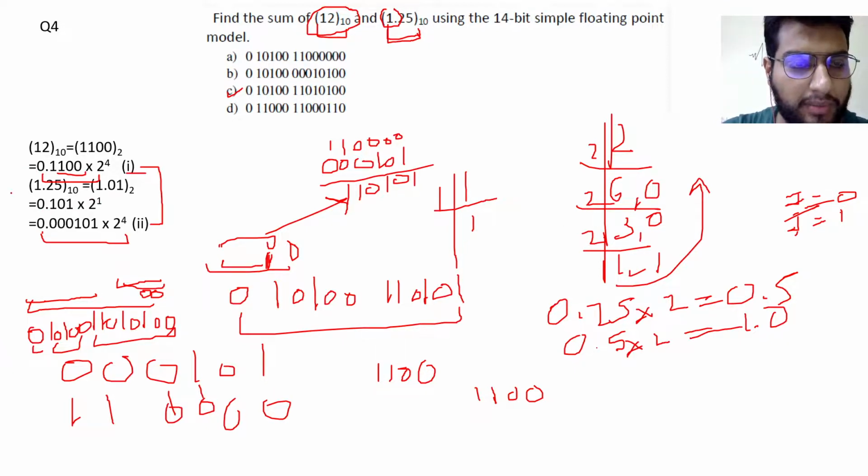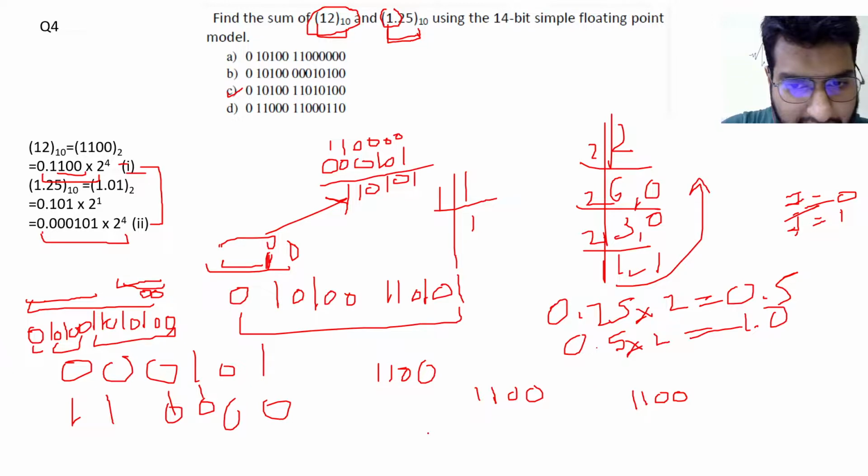But to bring them to the same exponent form, I just shift the number by 3 places. So it comes out to be 0.000101 raised to the power 4. Now they are in the same exponent system, and now I add them. 1100 I had added with this.